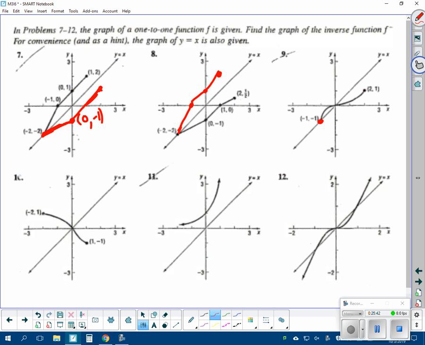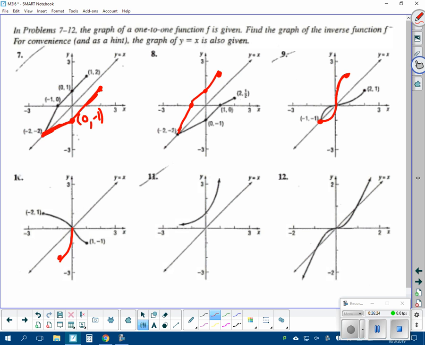But watch how this one reflects. So now this one comes like that, right? And this point that's 2, 1 is going to become 1, 2. Negative 2, 1 becomes 1, negative 2. The point 0, 0 would stay as the point 0, 0. And then this would come up. Oh, yeah, that's not right.